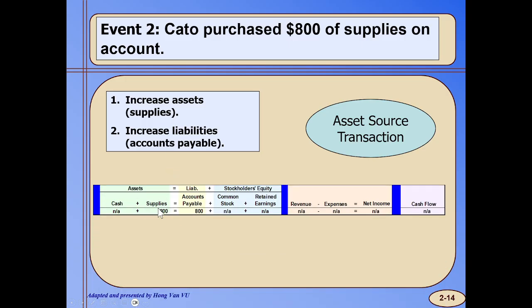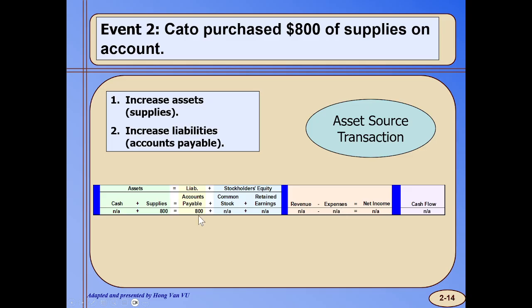So in this transaction, there's no cash transaction. The company has a right to pay later, right? So the income statement is unaffected in this transaction.